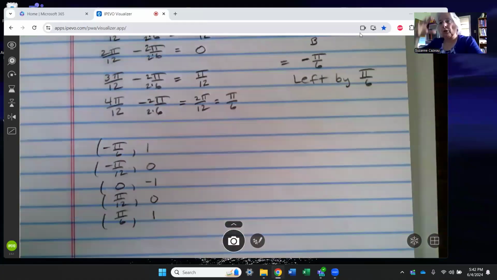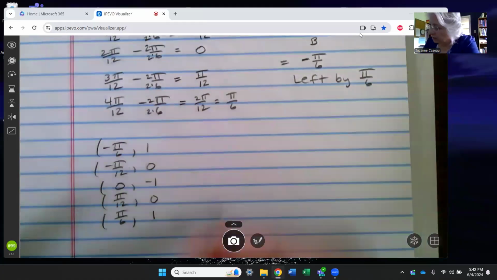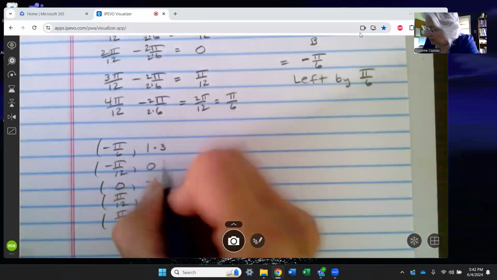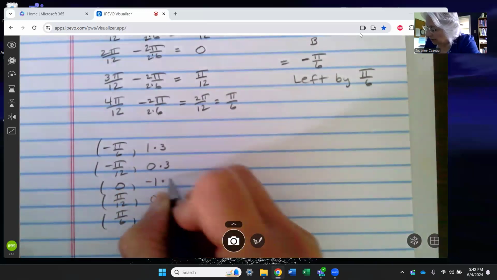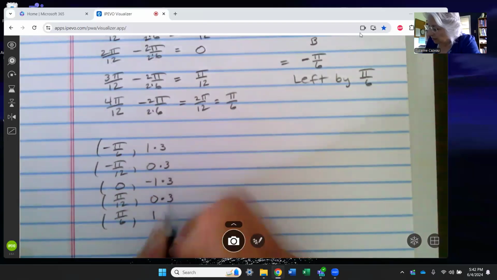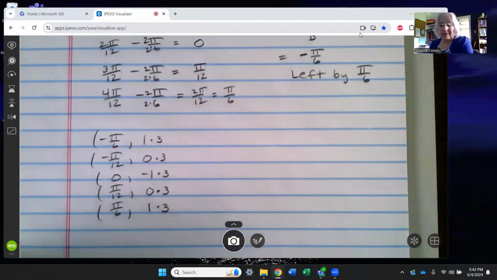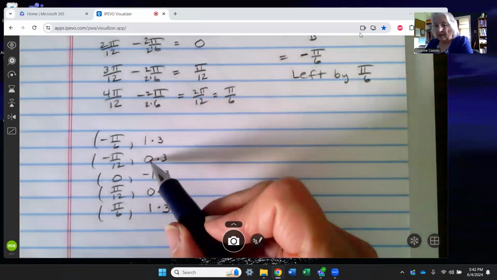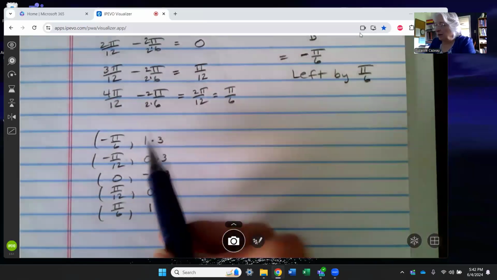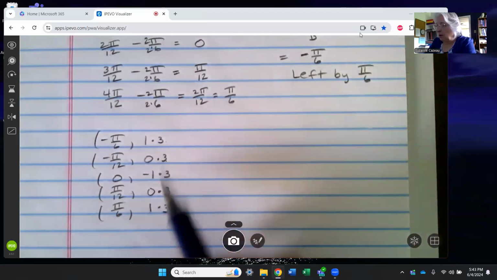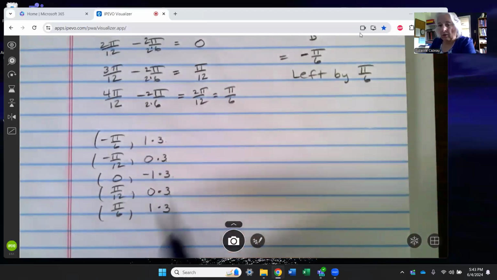Then the amplitude is a multiplier. You're going to multiply all of these times 3. Notice that doesn't change the 0, right? So this becomes 3, 0, negative 3, 0, and 3.